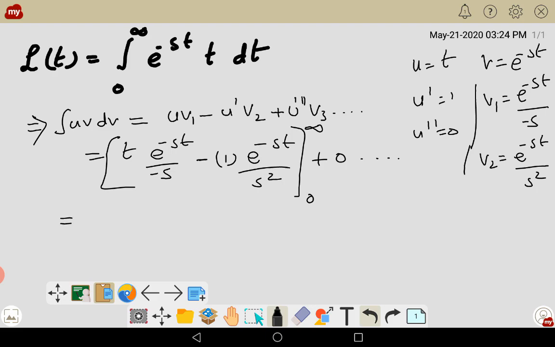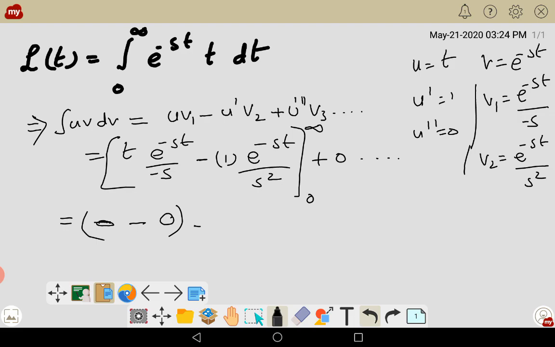So what happens when you substitute upper limit infinity? This is infinity and 0, indeterminate form. We'll get here e raised to minus infinity, so we'll leave this term. Minus, this time e raised to minus infinity is 0.